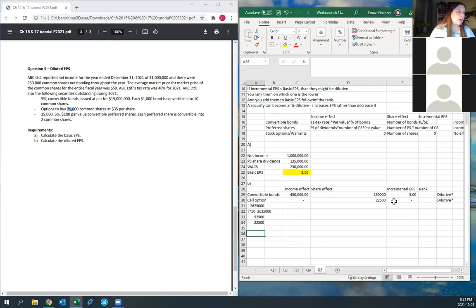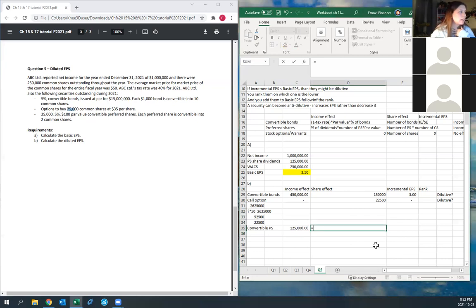And then finally, you have your convertible preferred shares. So we want to find first the dividend amount that we're not going to be paying if we convert them. So it's going to be 25,000 times 100 times 5%.